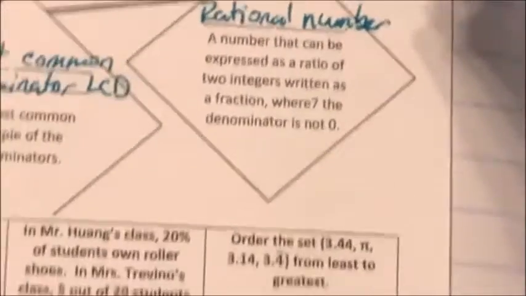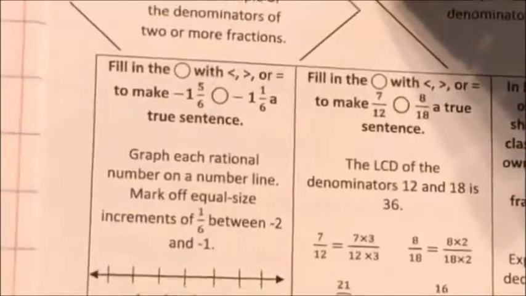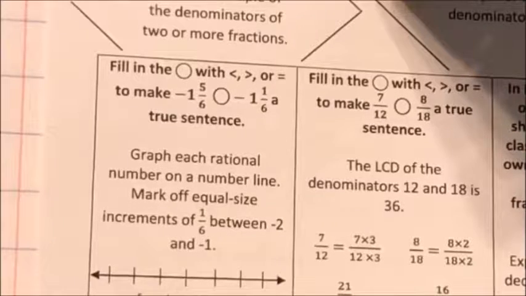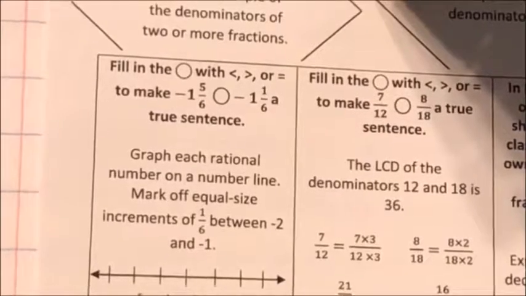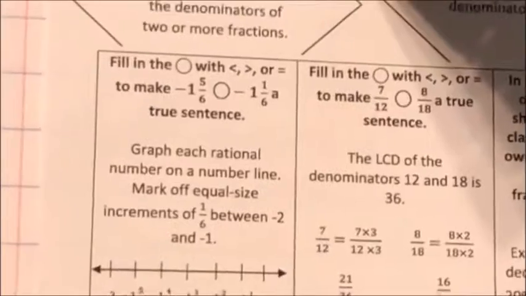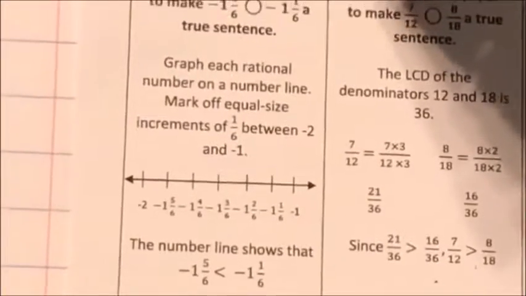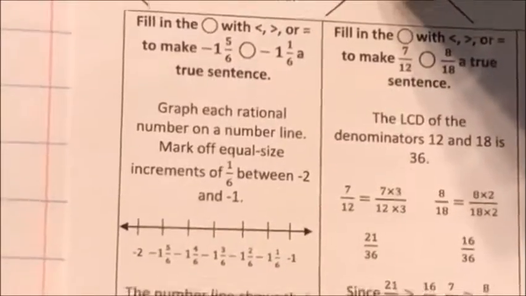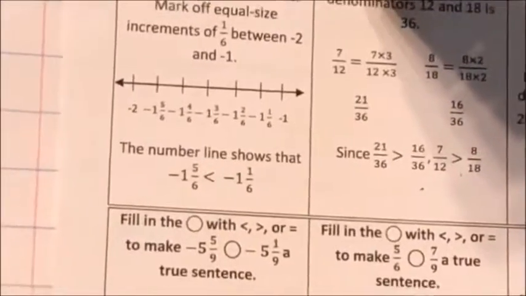So I have a couple of examples. The first example says fill in the circle with less than, greater than, or equal to make negative 5/6 and negative 1 1/6 a true statement. So what I can do is graph each rational number on a number line, mark off equal size increments of 1/6 between negative 2 and negative 1, because they both have 6's in the denominator.